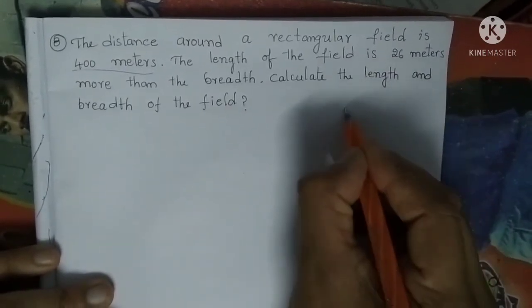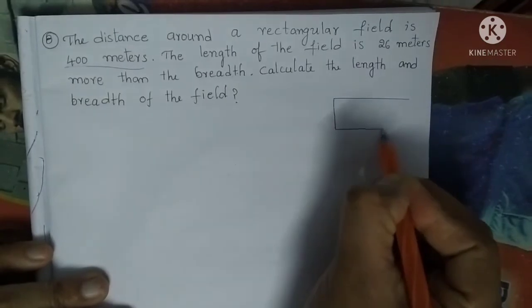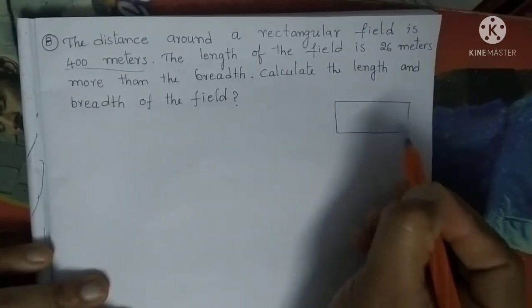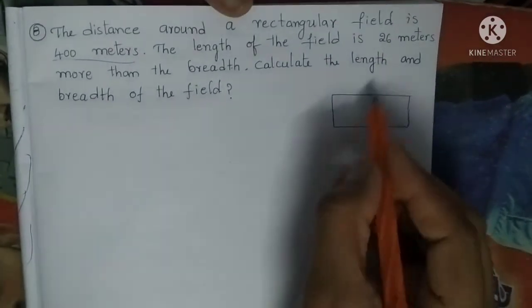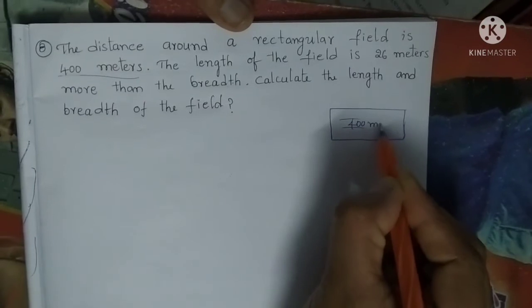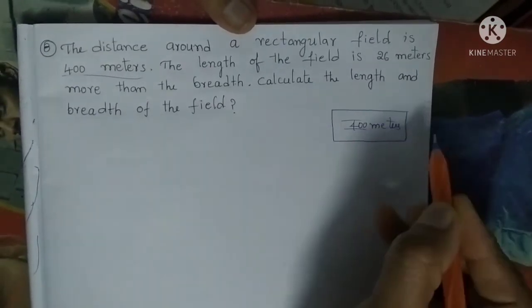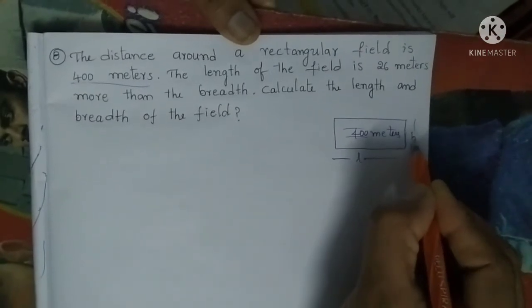So here observe that it is a rectangular field. Understand, children? The distance is 400 meters. So it has a length and a breadth. What is the length?